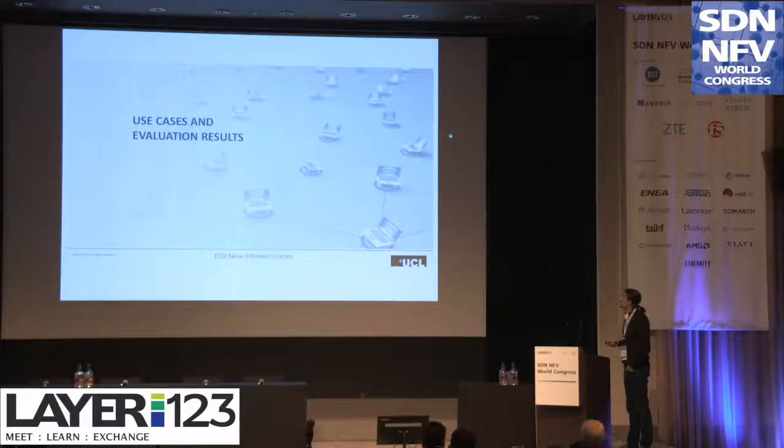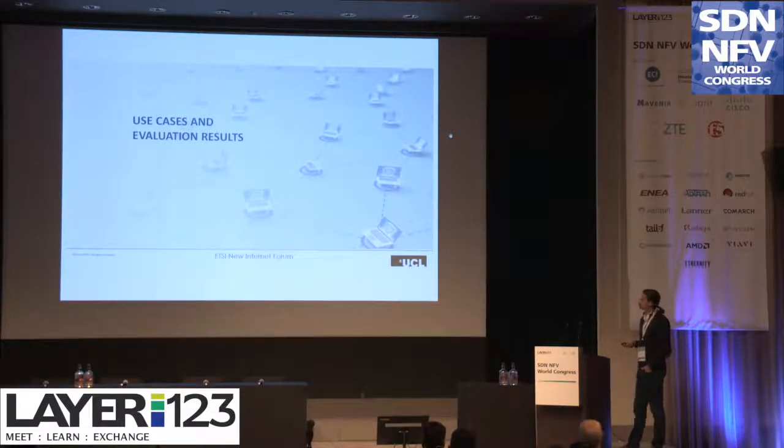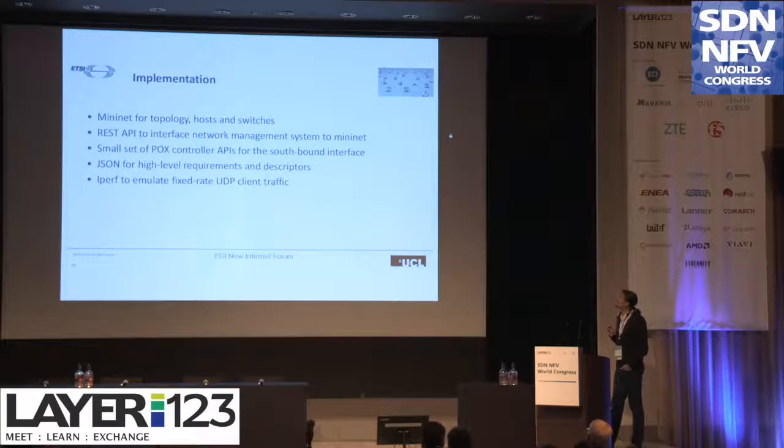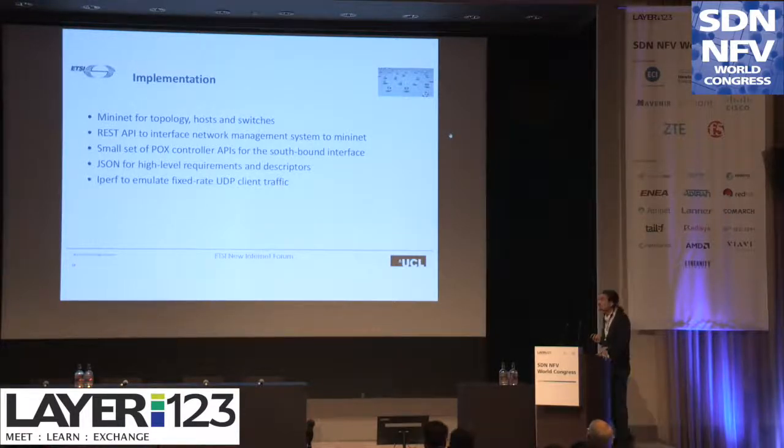Right. So I'm just going to go through a couple of use cases for demonstration purposes and some evaluation results. We have experimented on a very simple topology, a toy topology of a few nodes. Implementation-wise, we have used Mininet for the topology, the hosts, and the switches.